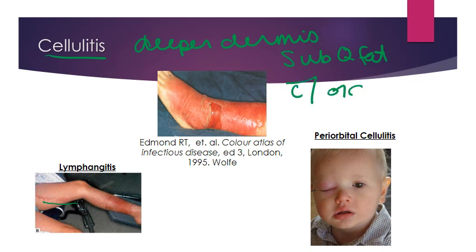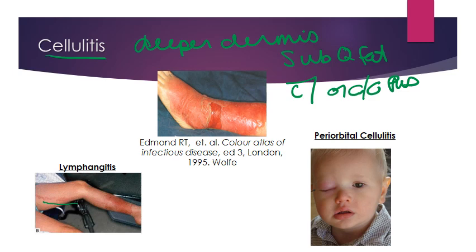And the other thing to keep in mind is that patients sometimes tend to have a more indolent course. So they don't necessarily get systemic symptoms right away. They can have localized symptoms and swelling over a few days before you get onset of systemic symptoms like fever.